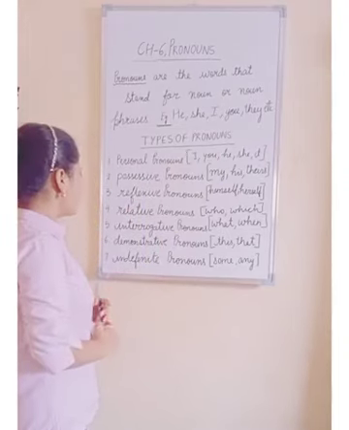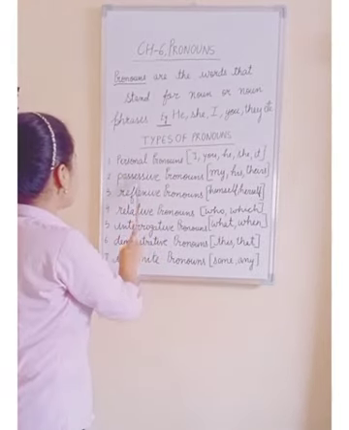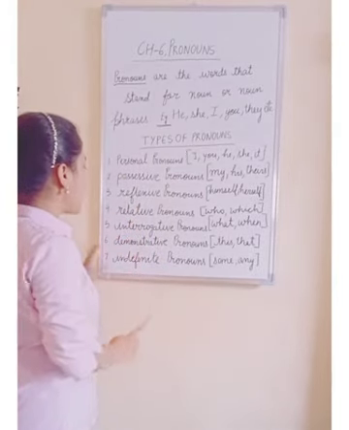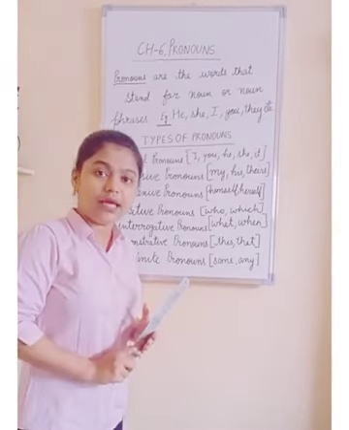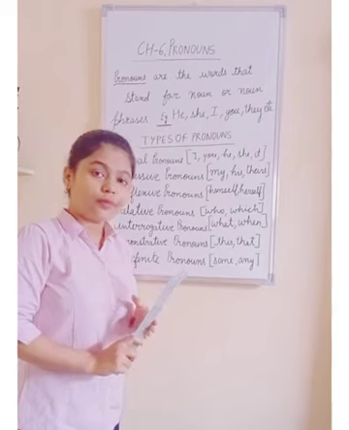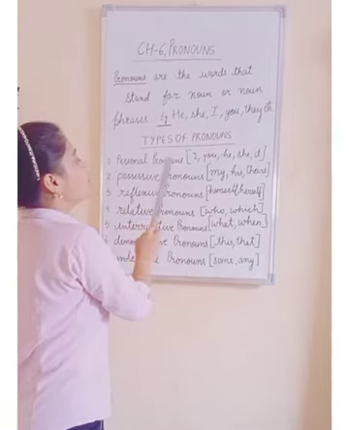So how many types of pronouns are there? There are 7 types of pronouns, and it is given in your book on pages number 23 and 24. The first type of pronoun is the personal pronoun.